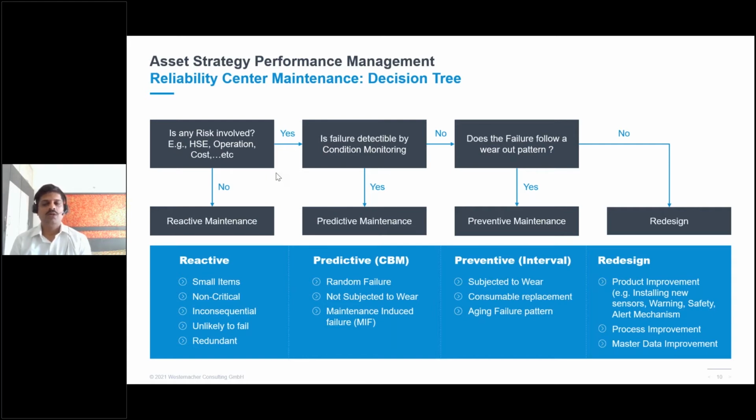Sometimes it could be a smaller change where we install a safety alert mechanism or some sensors to give us the right feedback about the physical health condition of that asset. But many times it could be a simple change like some process improvement or even a master data improvement. As an example, your machine may have some sensor already installed, but typically till date we never use that sensor input to decide our maintenance approach, right?